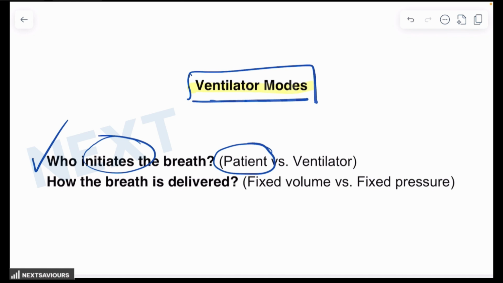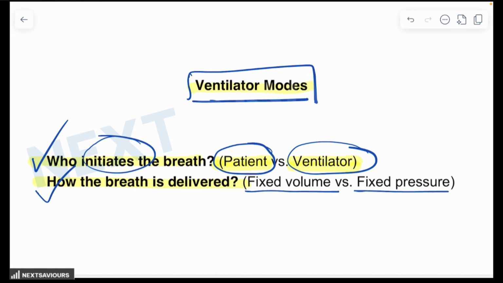Or if the patient is having some effort, what different mode could be selected in order to provide assistance by the ventilator? That means, is it the ventilator only, or mixed patient plus ventilator, or only the patient? Second is how the breath has to be delivered, with a fixed volume or with a fixed pressure.